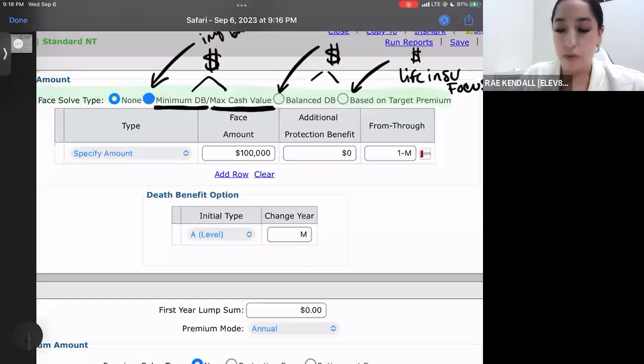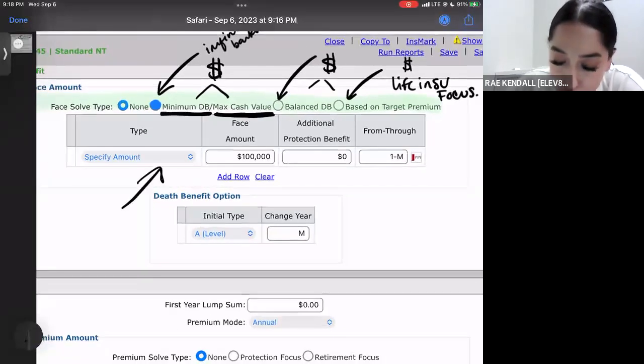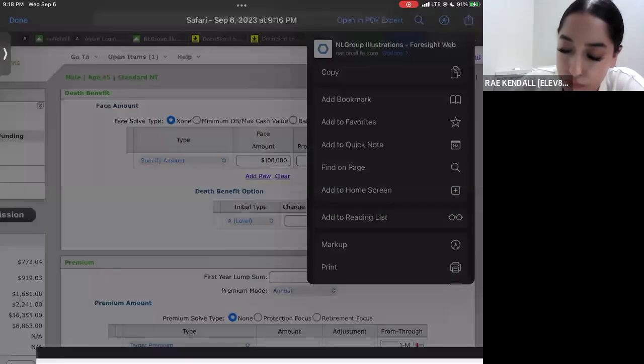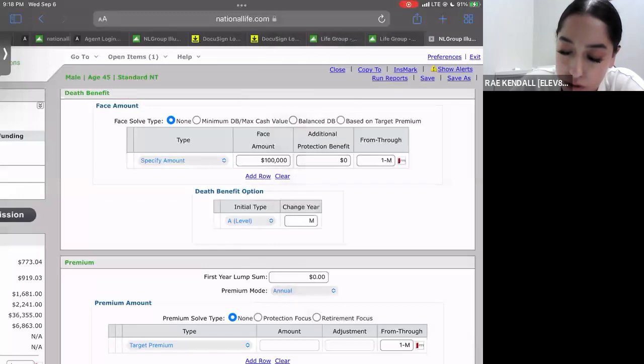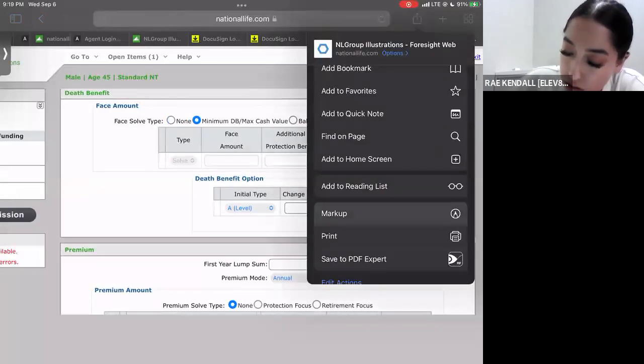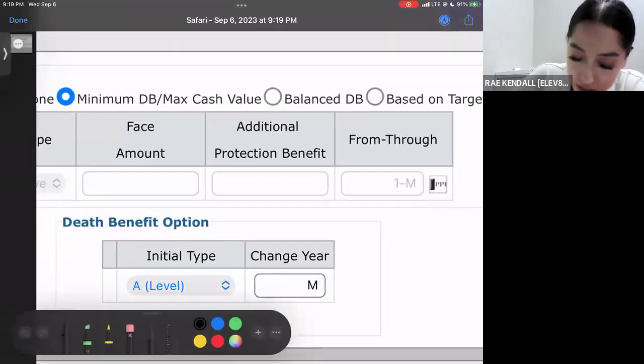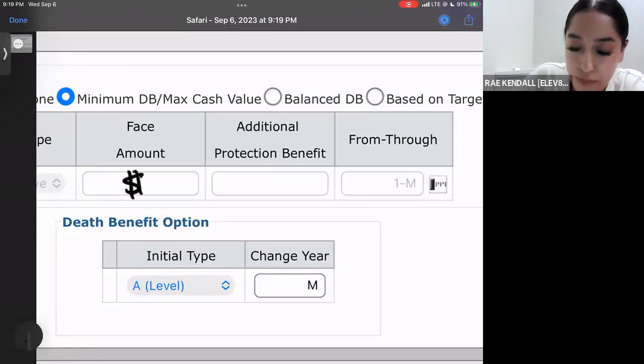Okay. So then when we go into this strategy here, the specific amount, when you hit minimum death benefit, maximum cash value, and I'll do that now because we're going to focus on these types of policies today. It will generate a number for you in this amount. It will automatically generate that.